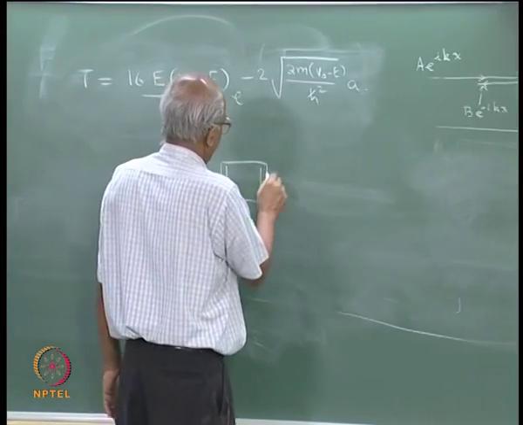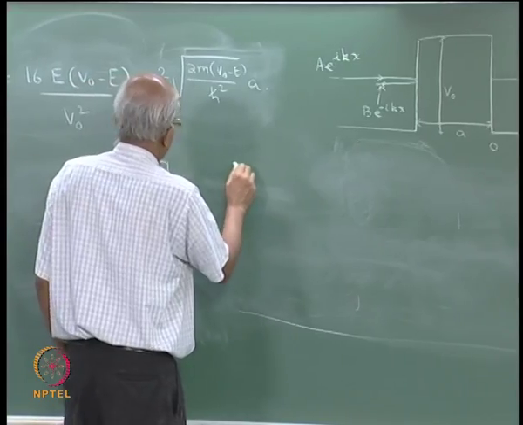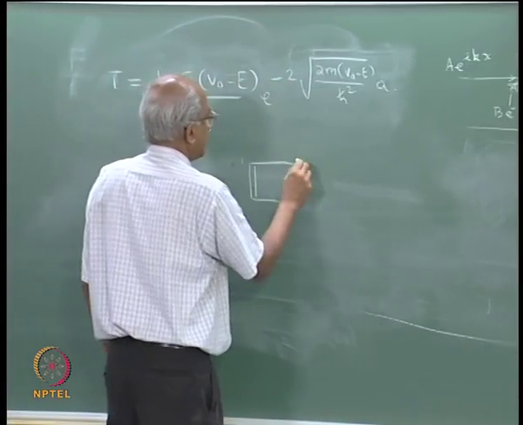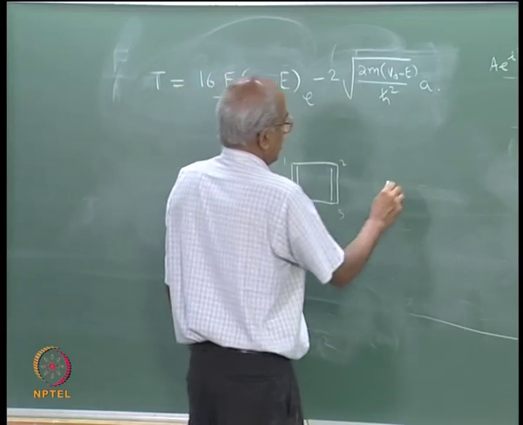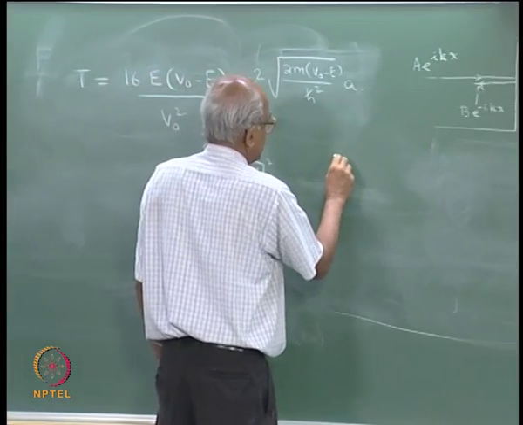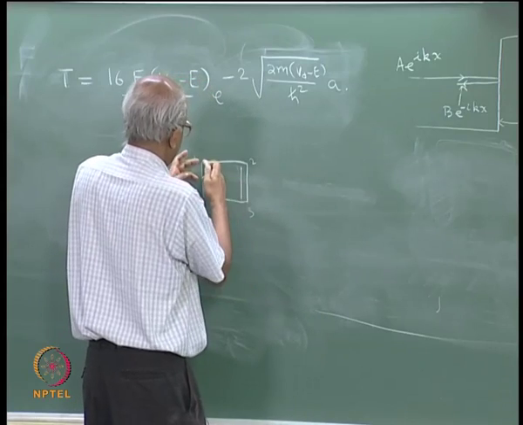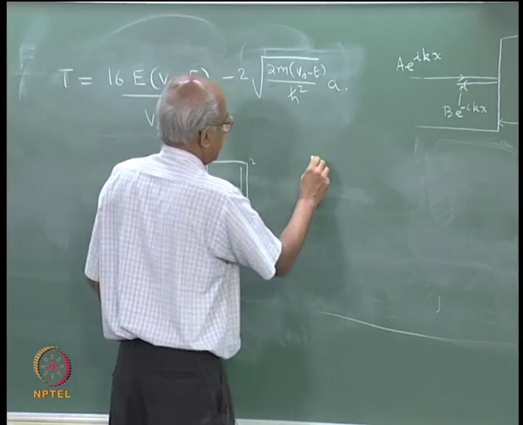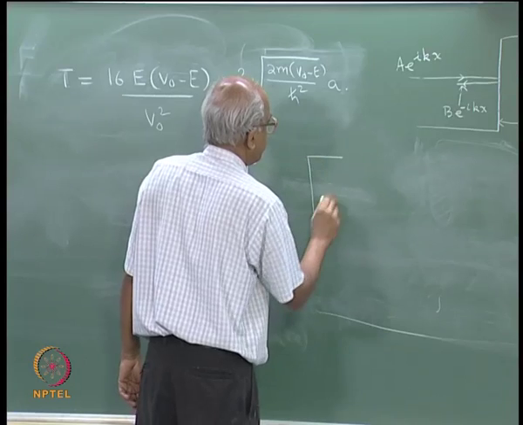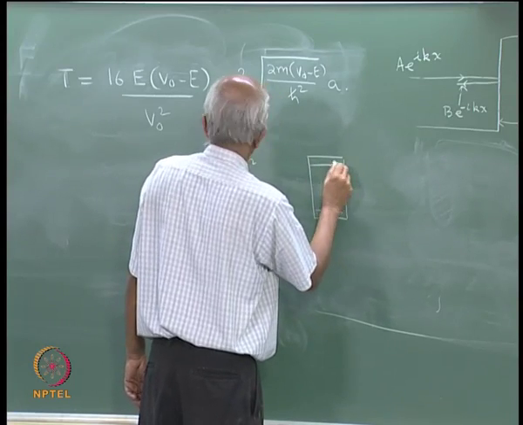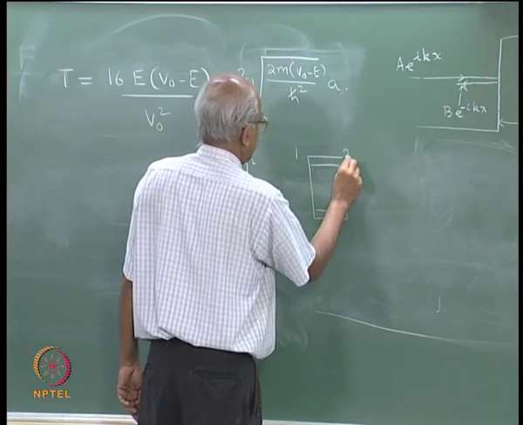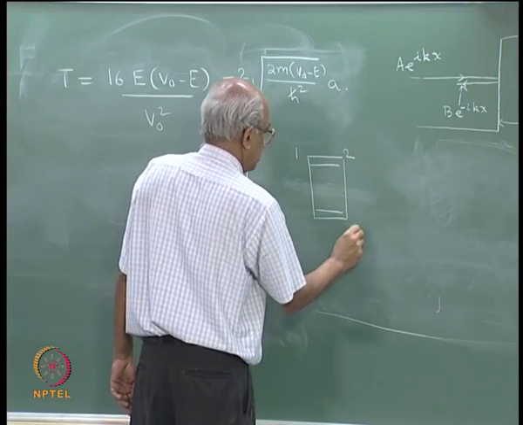But then if you think of this molecule, let me just number the carbon atoms, 1, 2, 3, 4. This molecule can have an arrangement where the double bonds are not between 1 and 4 and 2 and 3, but they may be like this. So, the double bonds are between 1 and 2 and 3 and 4.